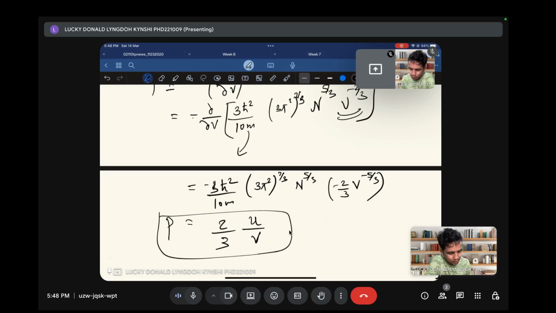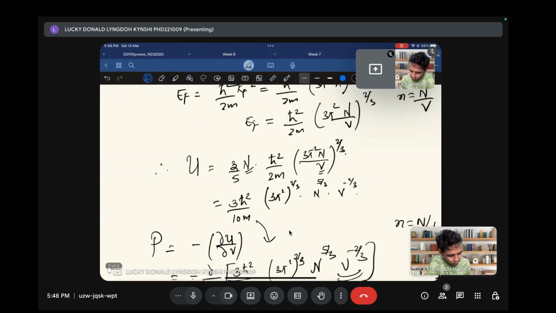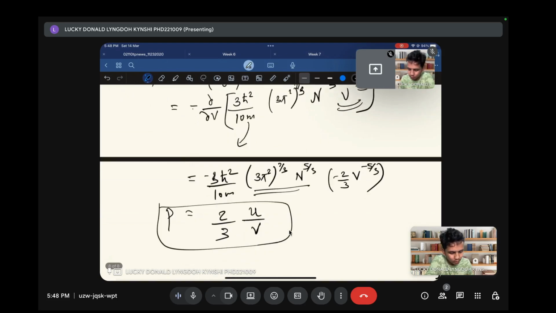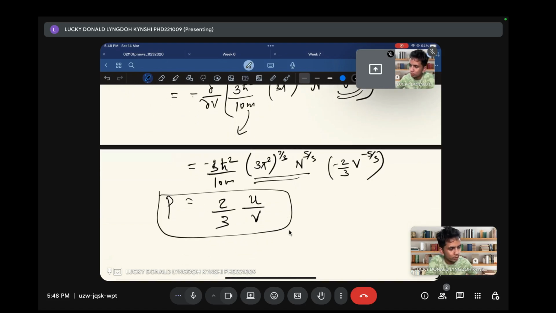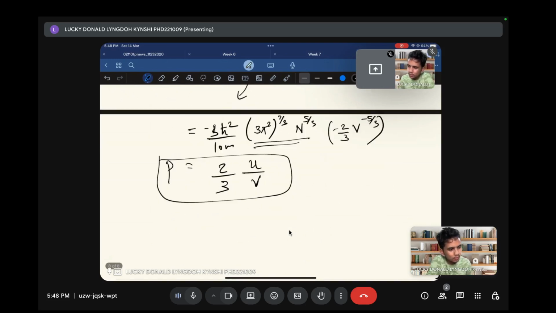You express these terms back in terms of your energy U. You will get 2 by 3 U by V. There is another form.